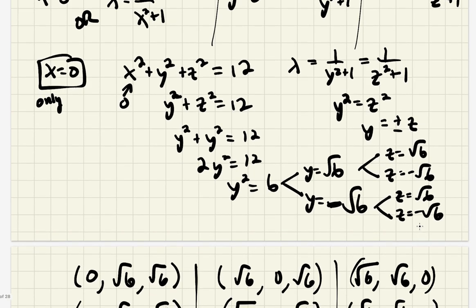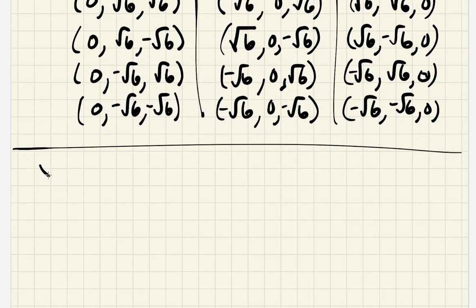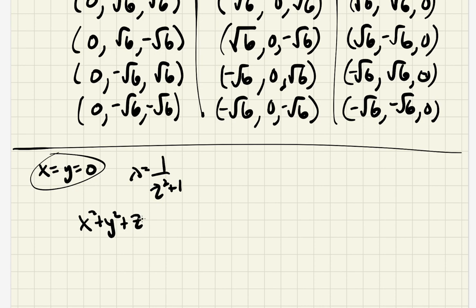What about two of them being equal to 0? Say that x equals y equals 0. And lambda then would be 1 over z squared plus 1. In the constraint, x squared plus y squared plus z squared equals 12, with these two zeroing out, that would make z plus or minus root 12.